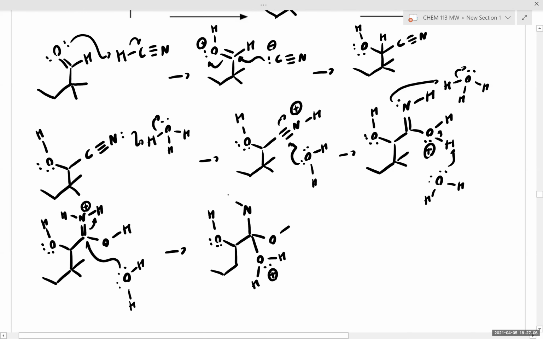Okay, so we now have our amine and we have water added. So how do we activate our amine as a leaving group? How do we activate this amine as a leaving group? So just like before, how did we go about activating our amine as a leaving group?